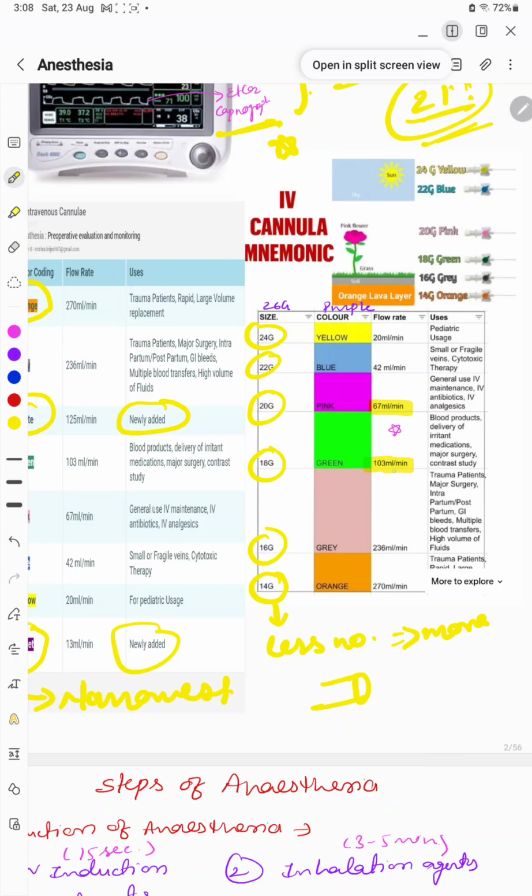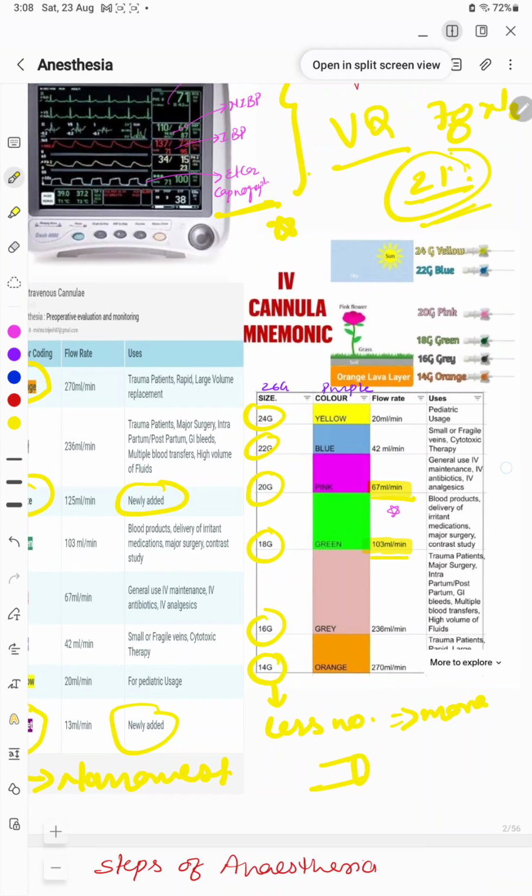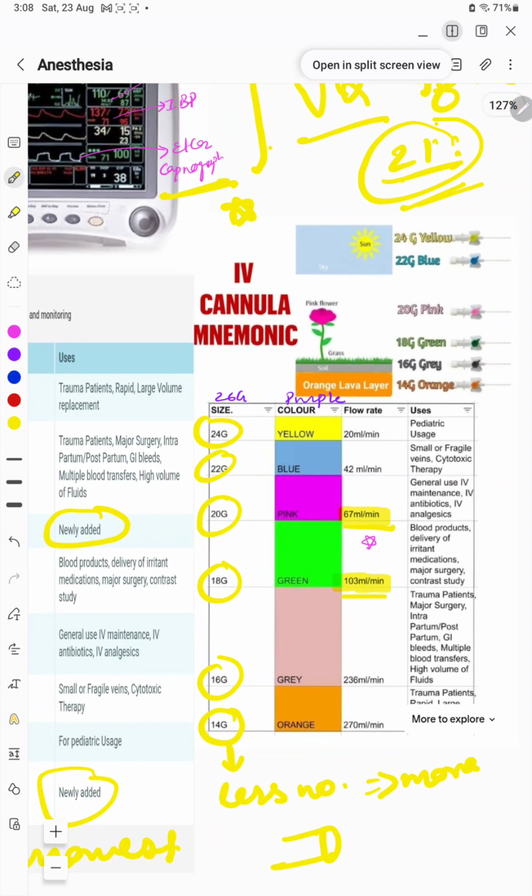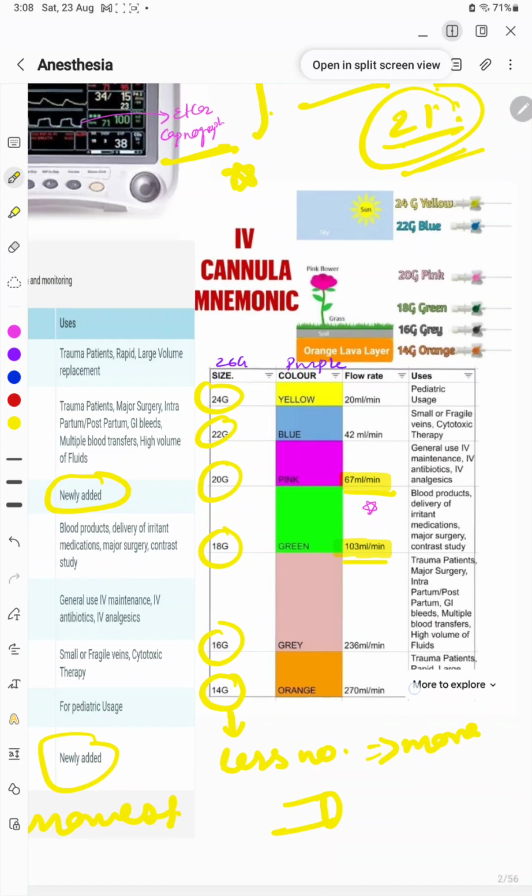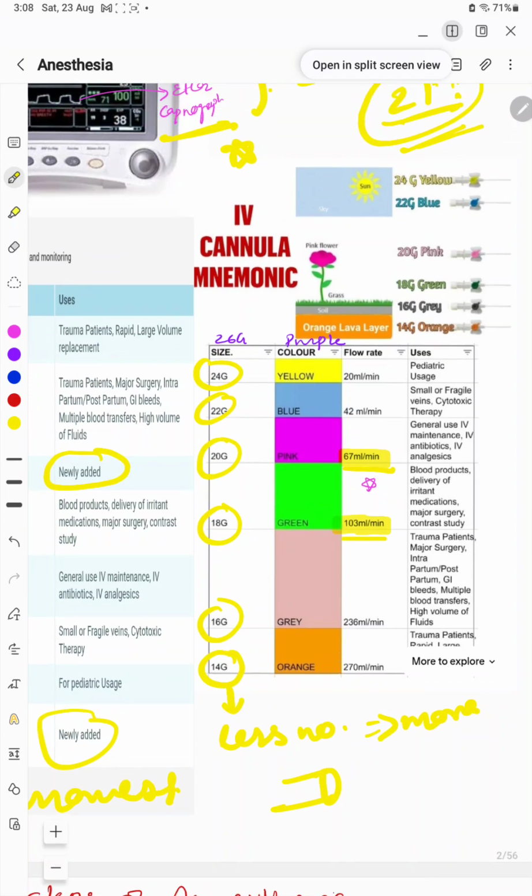But if you want to remember, the flow rate of green is 103 and the flow rate of pink is 67 ml per minute. This is important if you want to remember. And here is the mnemonic. You can imagine this is the earth, and the downside of the earth is the lava layer, and lava you can imagine is orange. So the first layer is orange, and after that we have soil, the color of soil is gray.